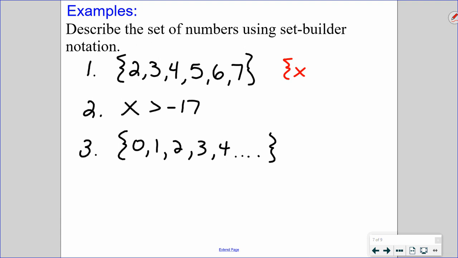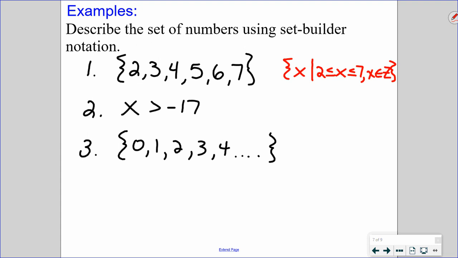So here, you're always going to start out with the set of x such that, and then we want to put this into an inequality. Because these are numbers from 2 to 7, this would be a compound inequality. I would say 2 is less than or equal to x, and x is less than or equal to 7. But then I would want to establish that x is an element of the set of integers.